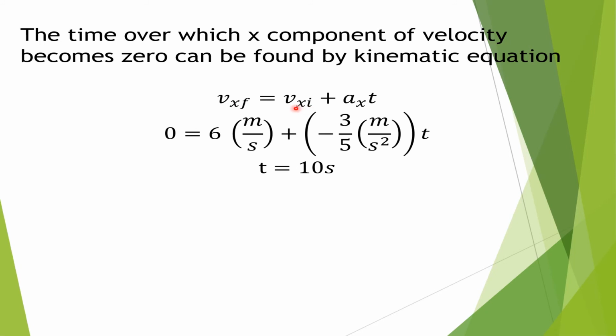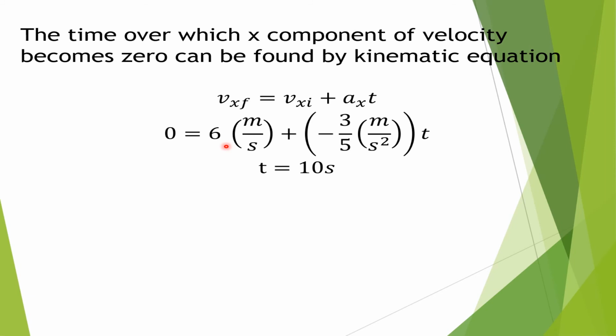Now the final velocity is 0, that is what we are looking at. For the initial velocity, at t equal to 0, if you recall, the body was moving with 6 meter per second along the x-axis. So this is the initial velocity. Minus 3 by 5 is the acceleration, and t is the time.